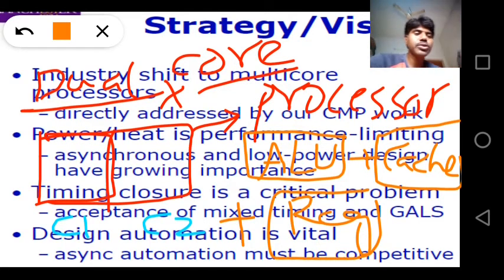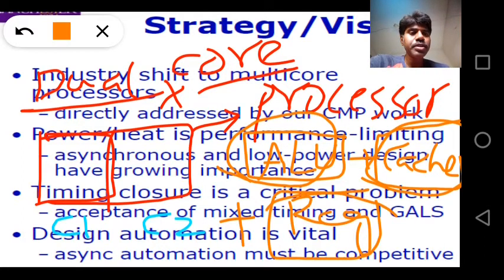So it's very important to understand that. A dual core processor contains ALU, cache, and registers, for each core.